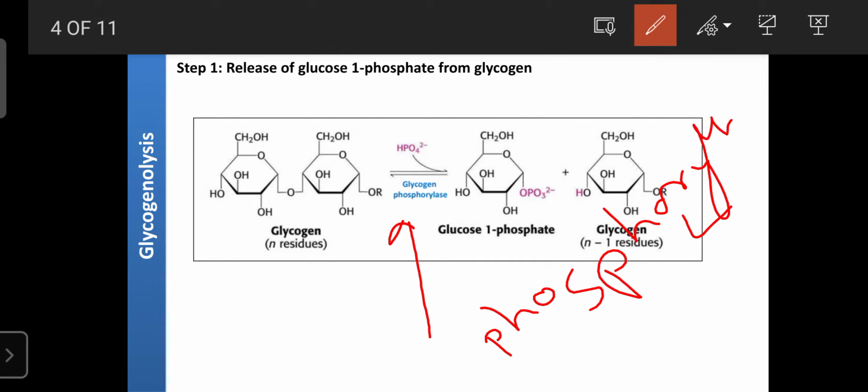It is a phosphorolysis, not a hydrolysis, but the process is similar to hydrolysis.